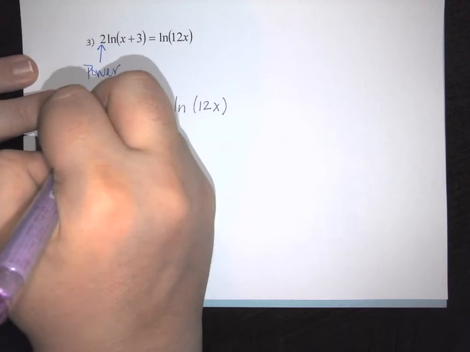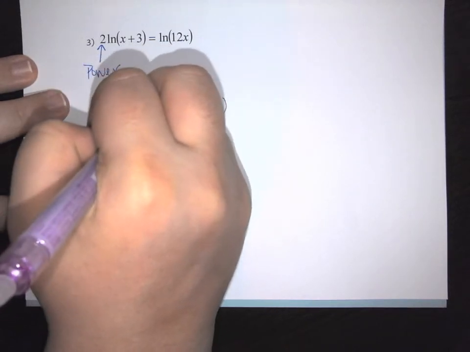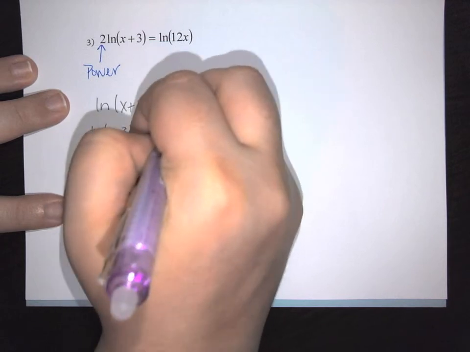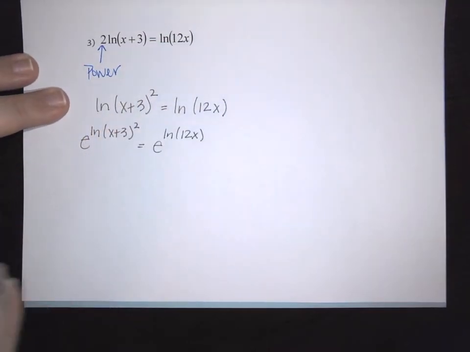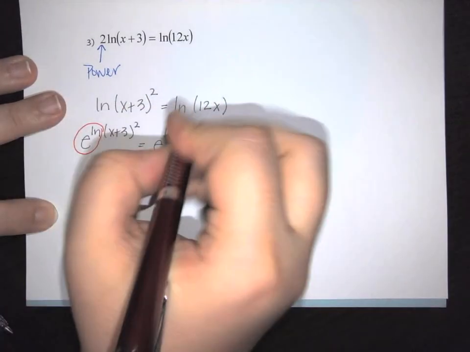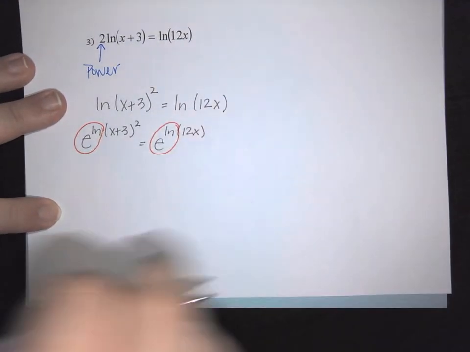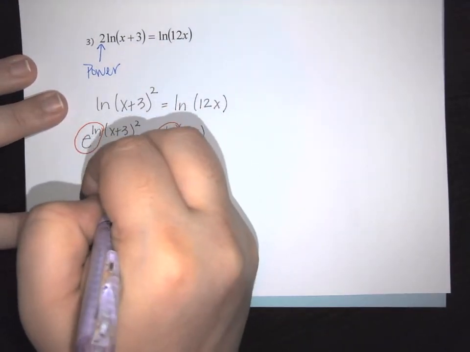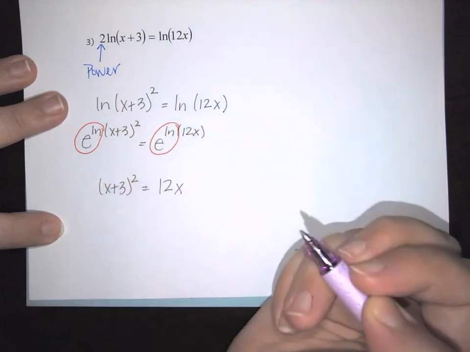And so here I'm going to have e to the natural log of (x plus 3) squared equals e to the natural log of 12x. Again, this e to the natural log is appearing on both sides, so that is going to go away, and it's going to leave me with (x plus 3) squared equals 12x.